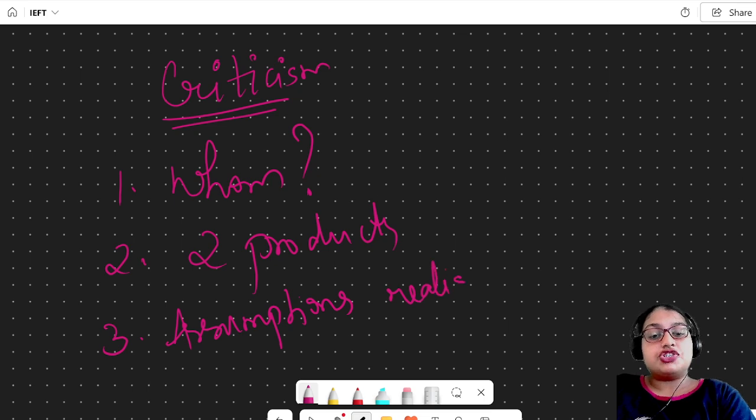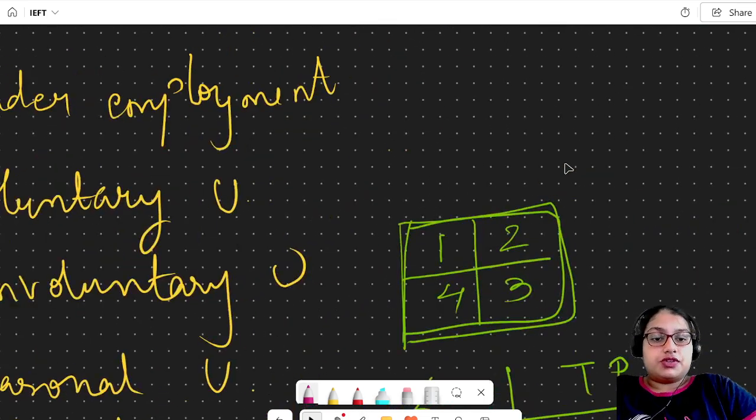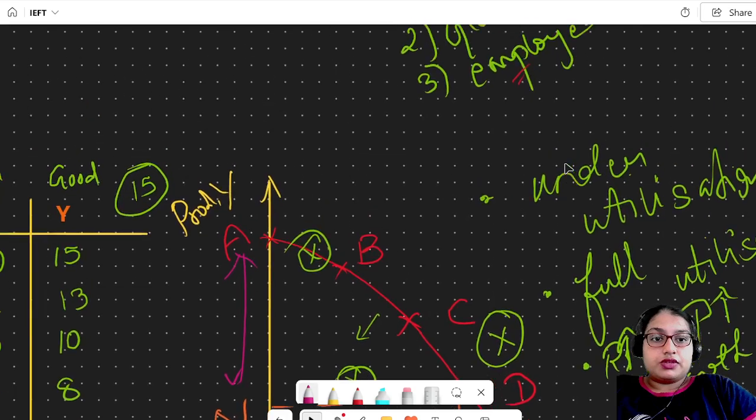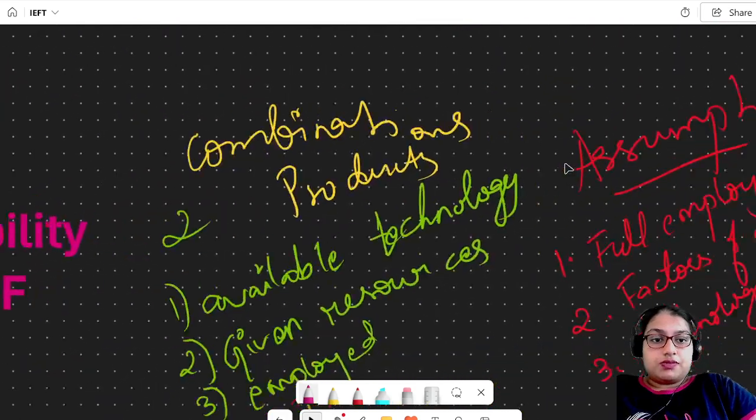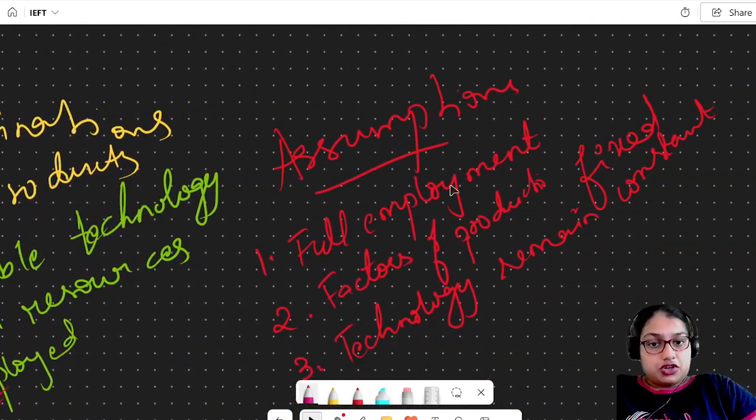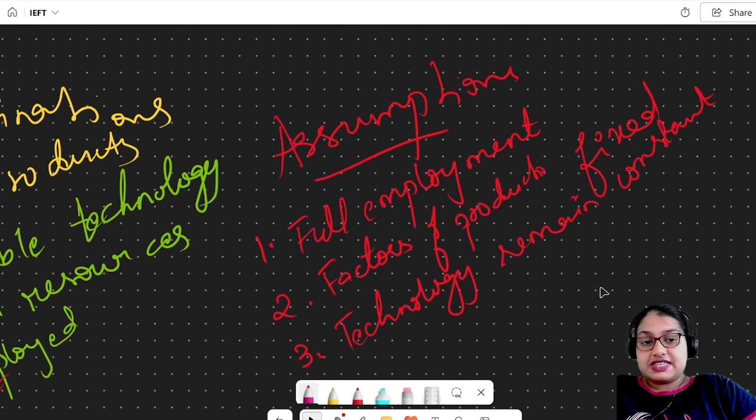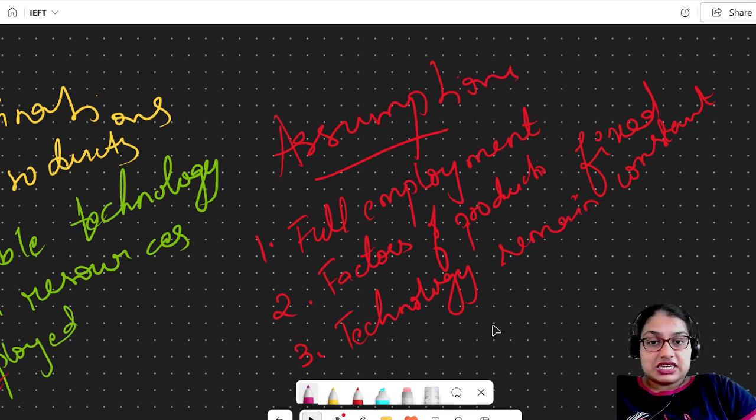What are the three assumptions we have mentioned over here? The composition of products, the economy should be in full employment, factors of production should be fixed, and the technology remains constant. So these three assumptions cannot always be possible.